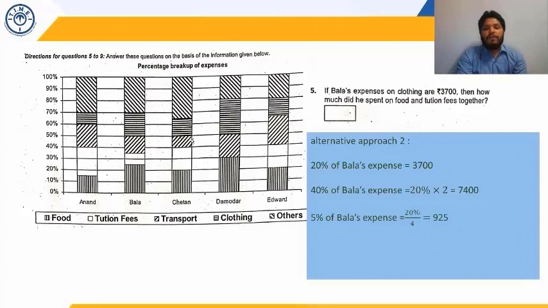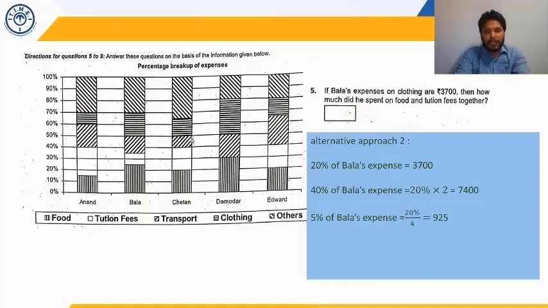So that means if 40% is this much, and we know 20% of Bala's expense is 3700, what is 5% of Bala's expense? If we divide by 4 both sides, 20% divided by 4 comes out to be 5%, and 3700 divided by 4 comes out to be 925. So if 20% of Bala's expense is 3700 rupees, then 5% of Bala's expense is going to be 925 rupees.